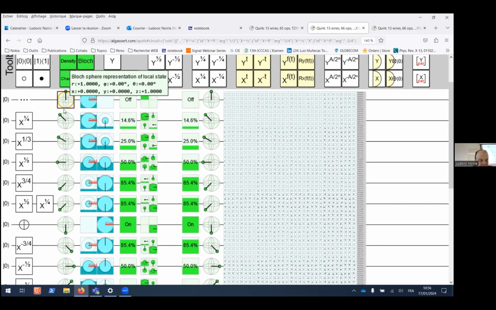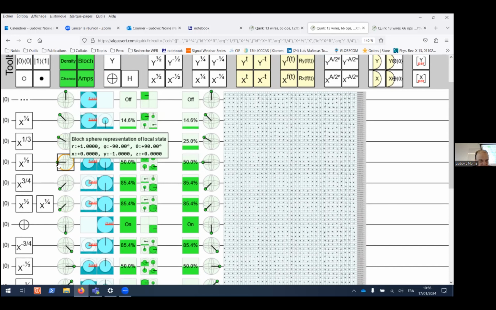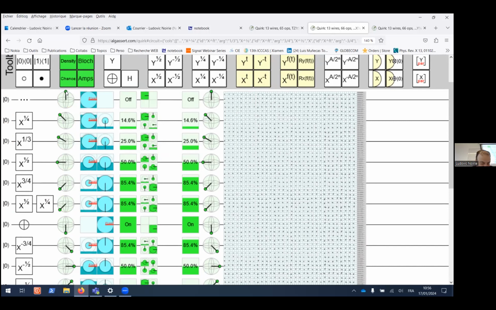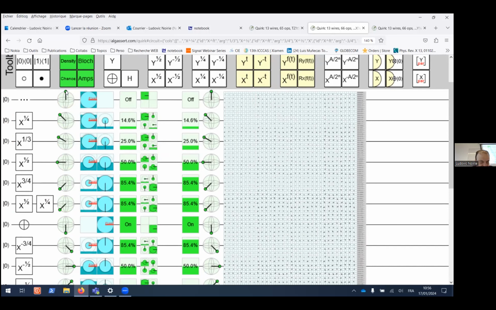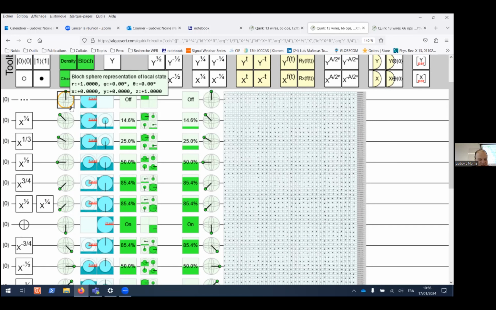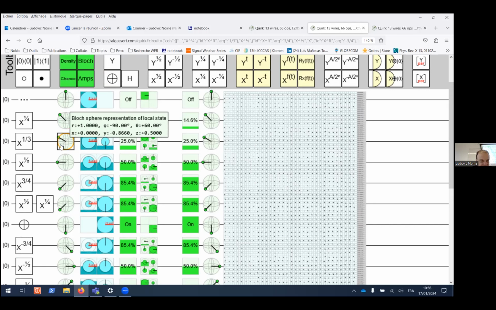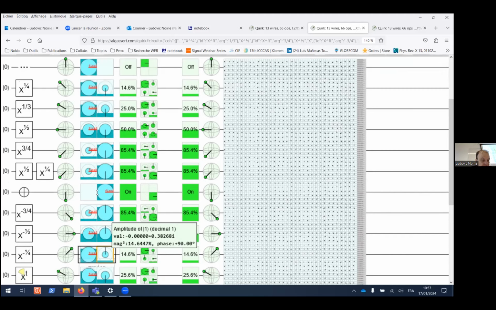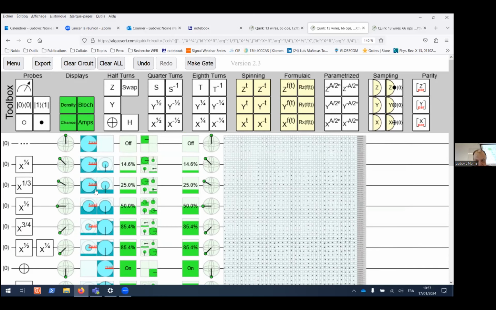And so you see that we start with 0, and when we change the angle, the point on the Bloch sphere moves around the circle that is in the xy plane. One can use other gates, X to the power t.